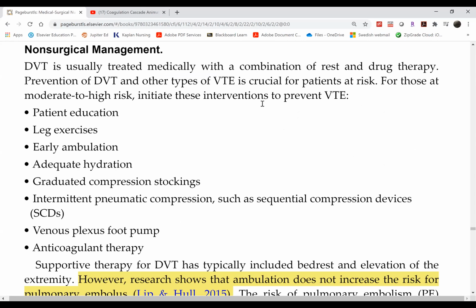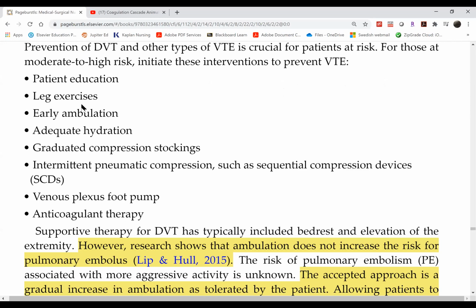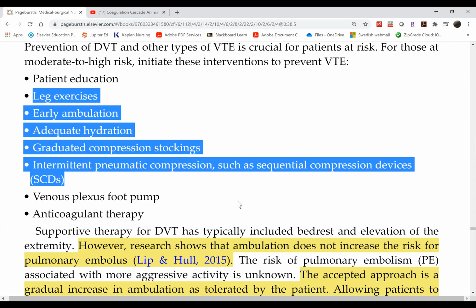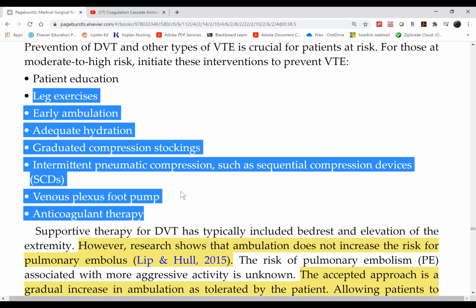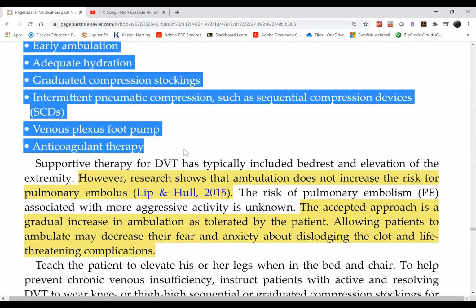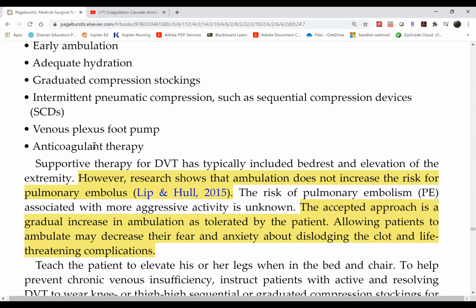It may be already a PE by the time we discover it. So like I said, prevent it first. Always assess your patient for the risk for VTEs and then start. So ambulation, leg exercises, compression stockings, or those compression devices. And if the patient can't do ambulation or exercises, then add anticoagulant therapy.